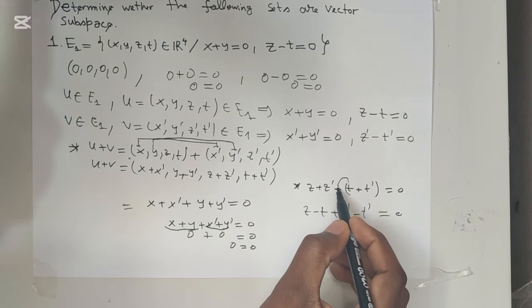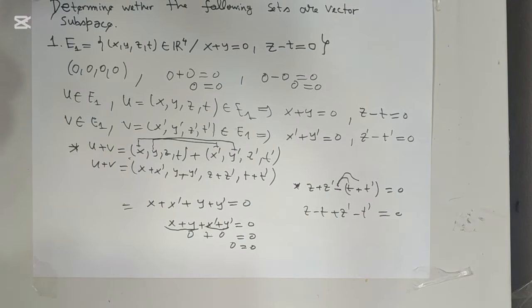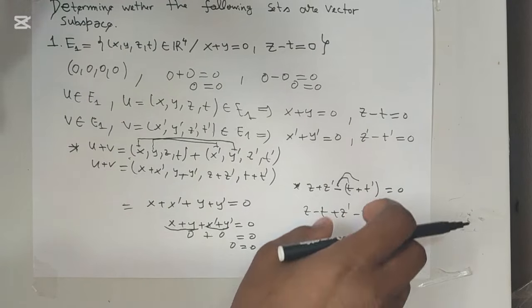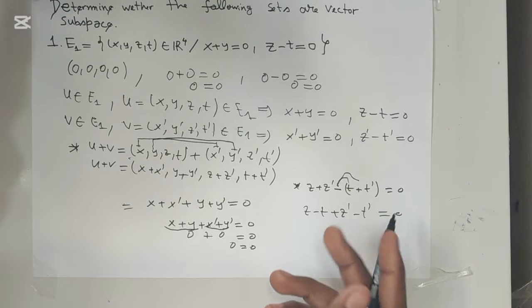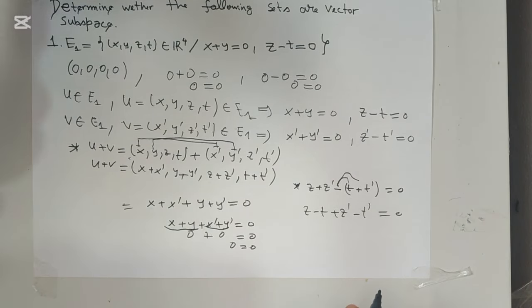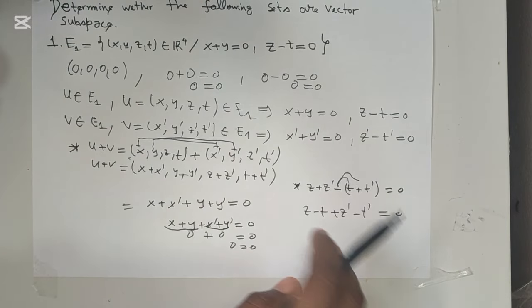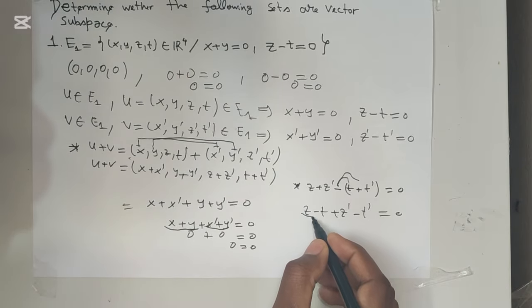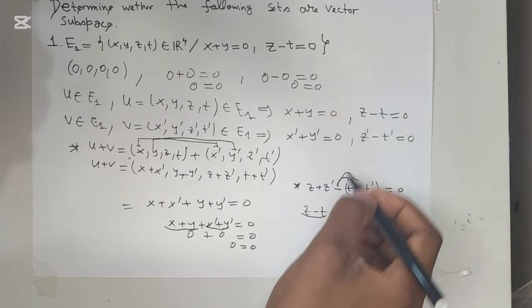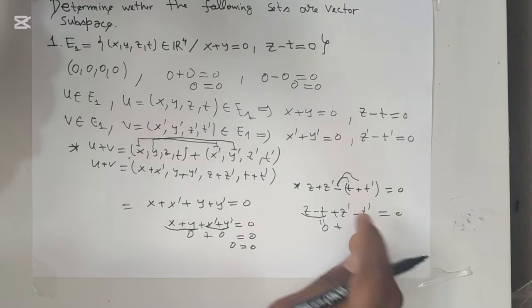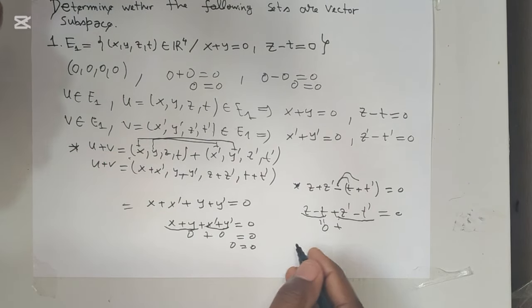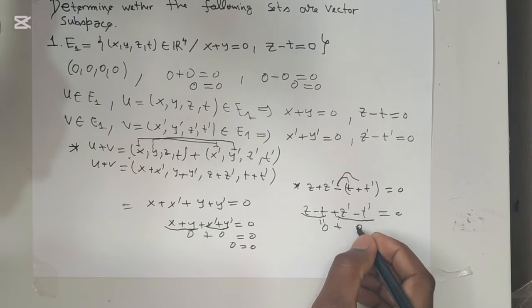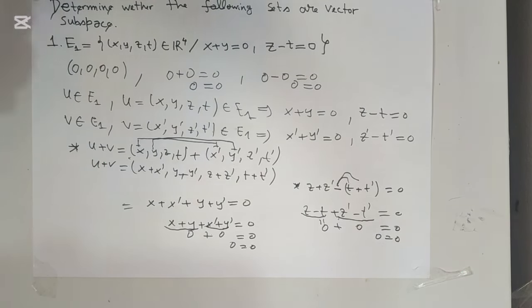I just multiply the minus 1 into the brackets, and then I commute it, which is also a property of the sum. Then what I have here is z minus t is equal to 0, plus z prime minus t prime is also equal to 0, and 0 plus 0 is equal to 0. So it means it is also closed under addition.